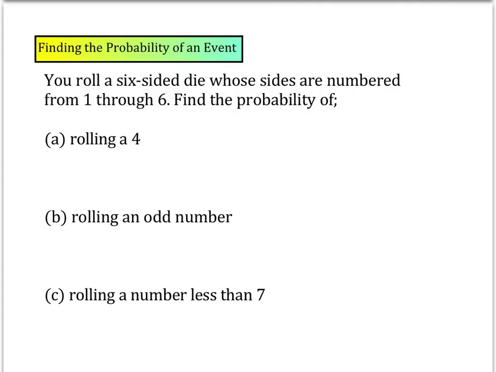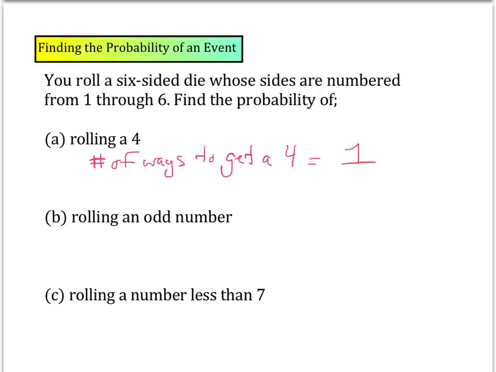So let's talk about probability in terms of a 6-sided die. So we have a 6-sided die whose sides are numbered 1 through 6. Now we have these 3 scenarios we want to use to figure out what the probability of that event happening is. So the first we want to work on is A. So what's the probability of rolling a 4? Well, if it's a 6-sided die, we know that the number of ways to get a 4, there's really only one way to make that happen, that's rolling a 4.